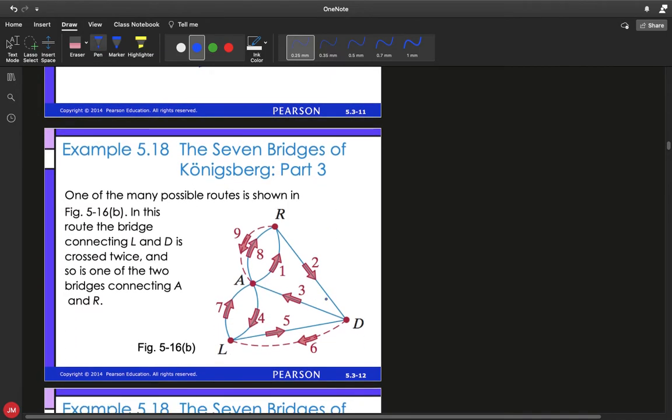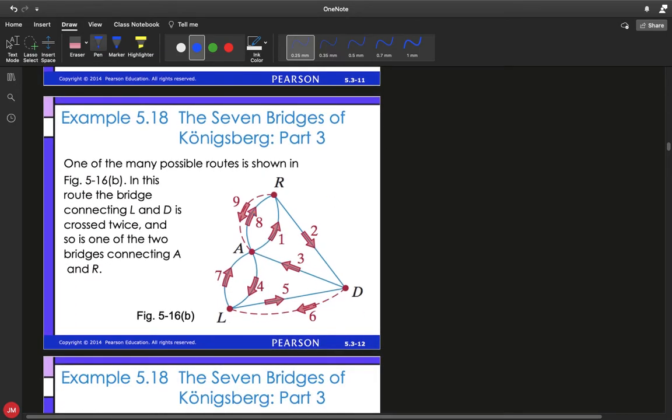One of the routes is right here. So this would be recrossing this bridge twice and crossing this bridge twice. That would be starting at this part in the middle, going up, over, and continuing to follow these arrows. And what you'll find is that this is a possible graph.